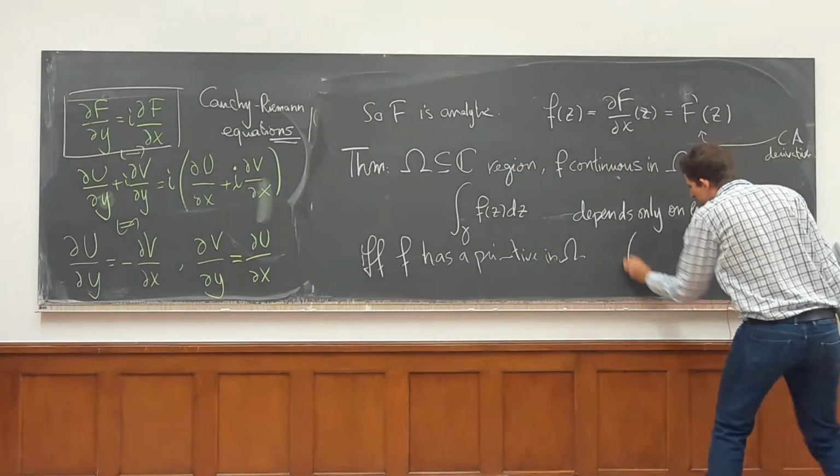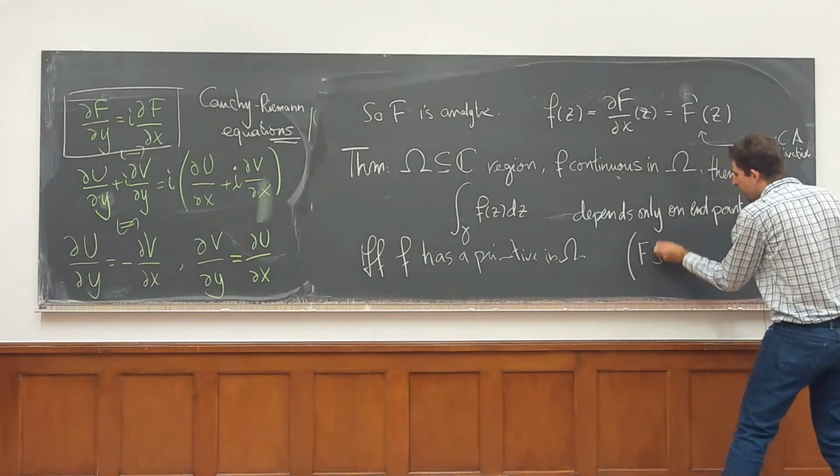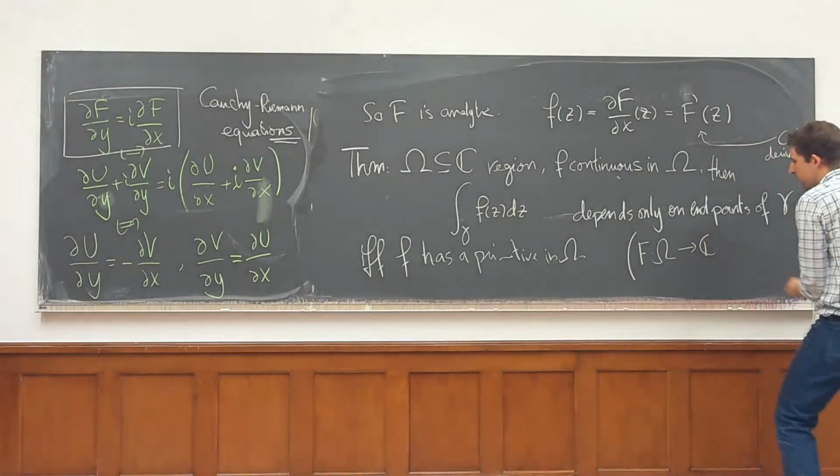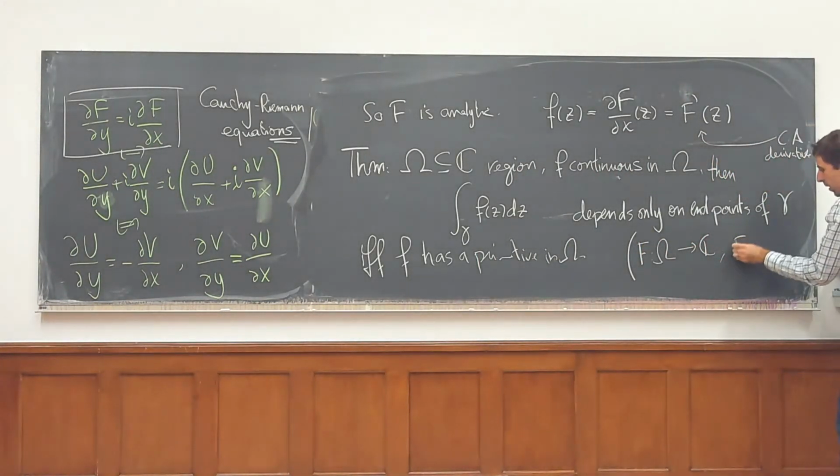By a primitive, I mean a function F from the region to the complex numbers such that the derivative in the complex analysis sense is equal to the function.